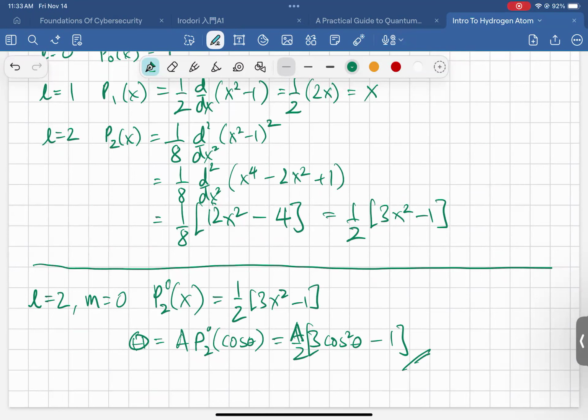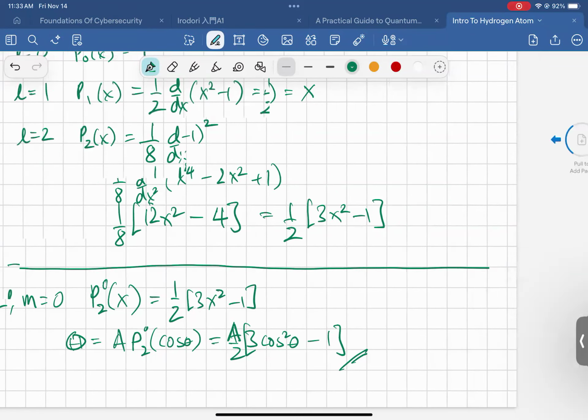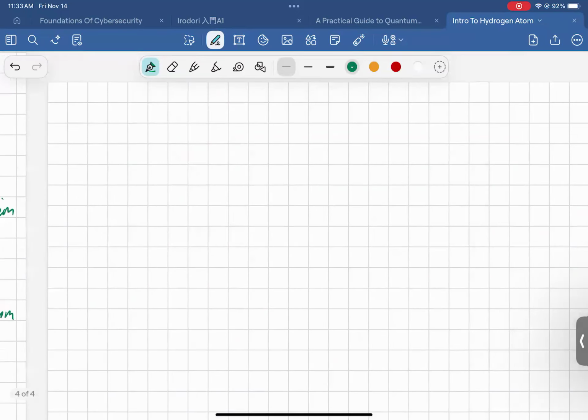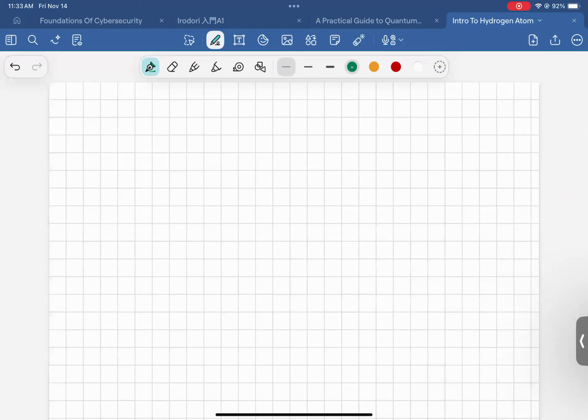So tignan naman natin for example yung L equals 2 tsaka M equals 1. Ano lang lalabas dito? P2 and then 1 of x.